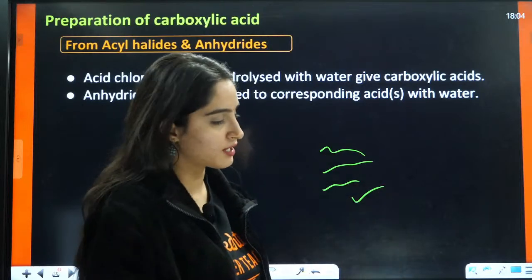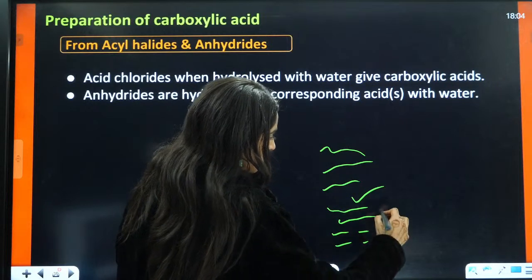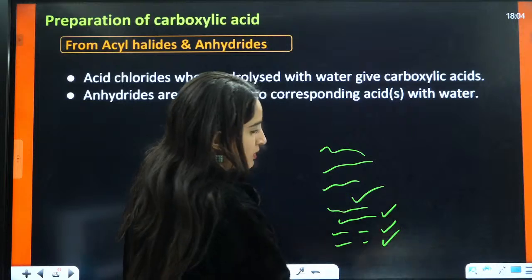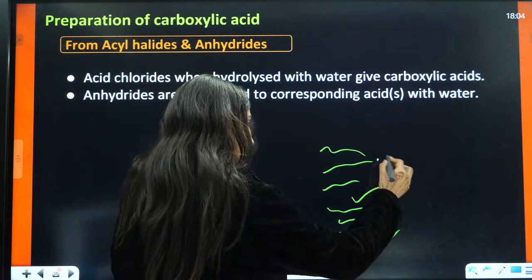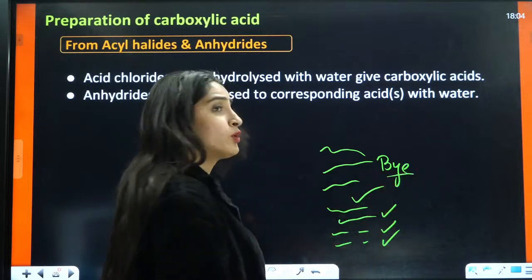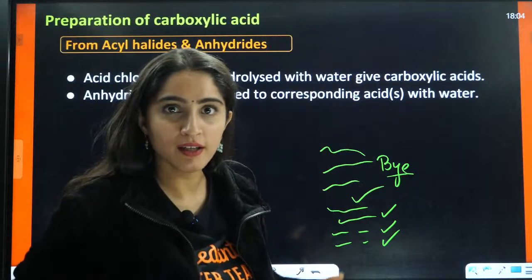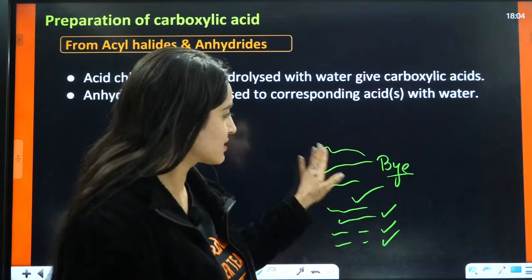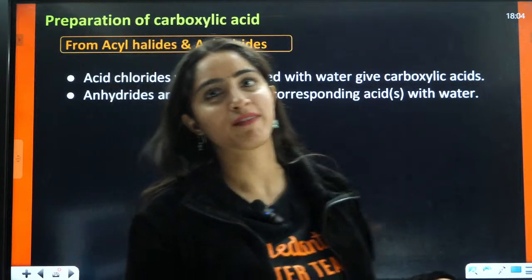This is carboxylic acid. This is preparation. This is properties. I don't care whether you are able to understand that or not. I will not even see the chat. Okay, bye. Do you want me to teach like that? Like a dead body in the camera? If you don't want me to behave like a dead body, then you should not behave like that.